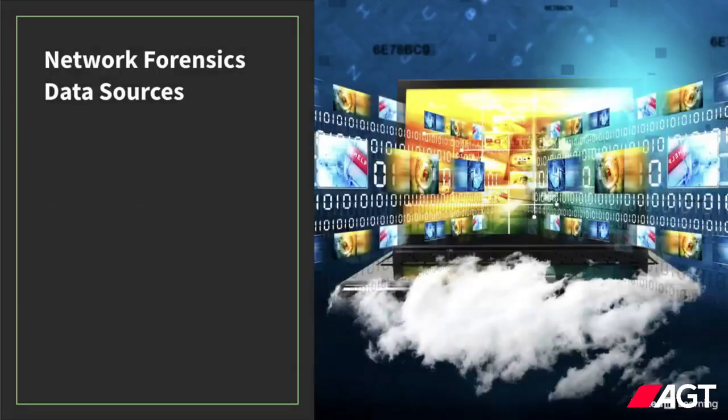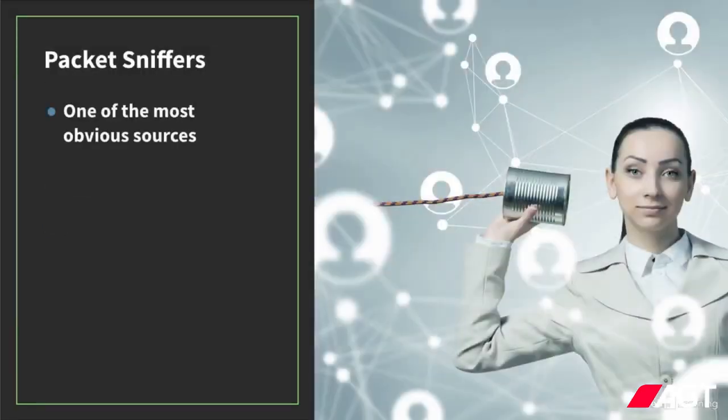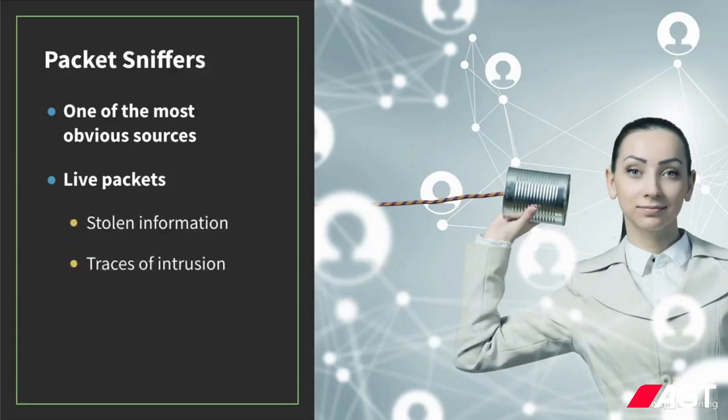Network forensics data comes from many places, including software, hardware, and media. Packet sniffers are the most obvious data source. They capture live packets that could contain criminal evidence, such as stolen information and traces of intrusion attempts.